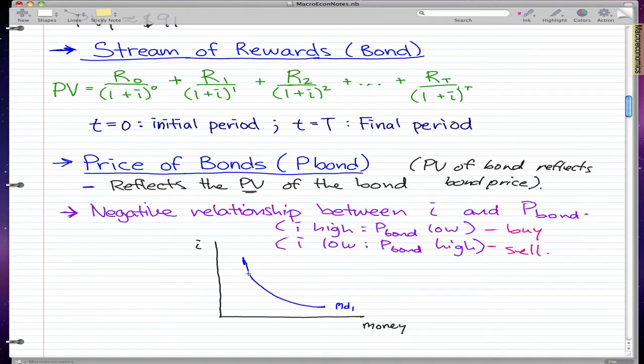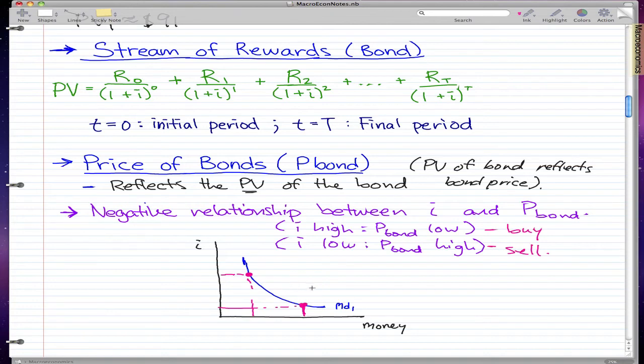Now, to show this on the graph, let's imagine that we have a point here where our interest rate is high, so the money we need to buy our bond is low. And let's say that we have another point here, then this point showcases when we have low interest rate and high price for bonds.